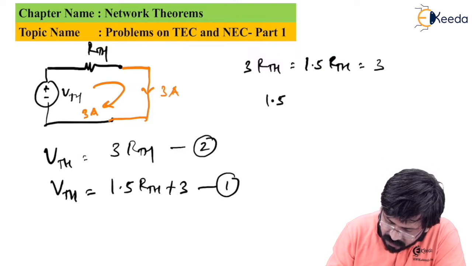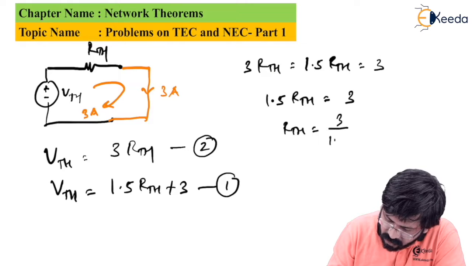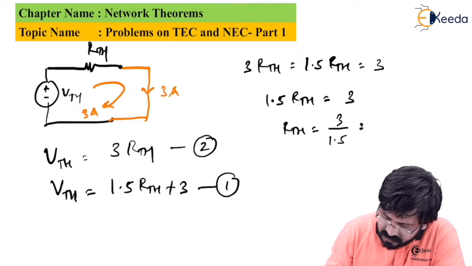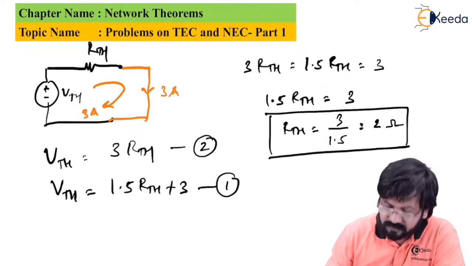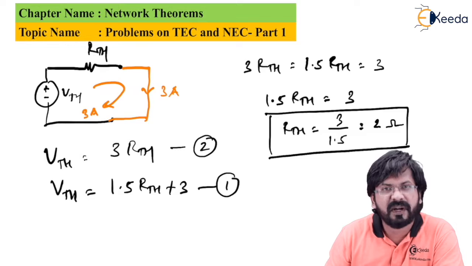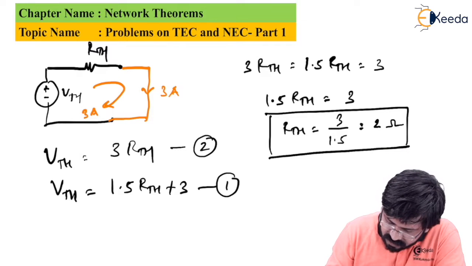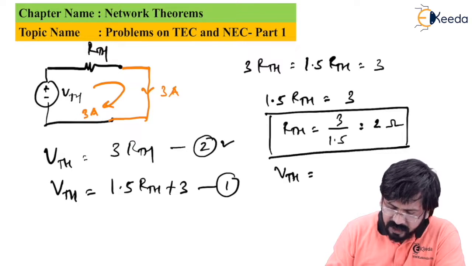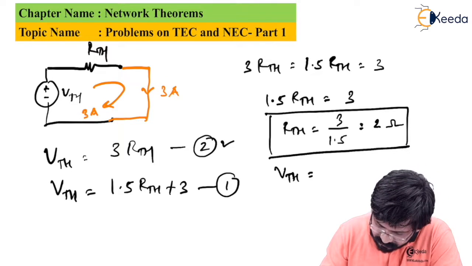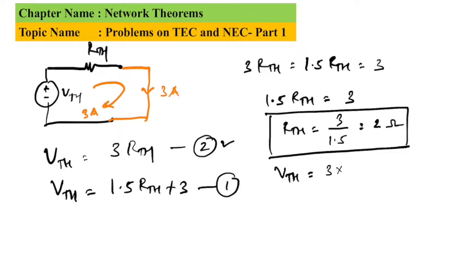So 1.5 RTH equal to 3, or RTH equal to 3 upon 1.5, which comes out to be 2 ohms. So this is the value of RTH. From this, I can now get VTH, because equation number 2 says 3 times RTH, which is 3 into 2, which is 6 volts.